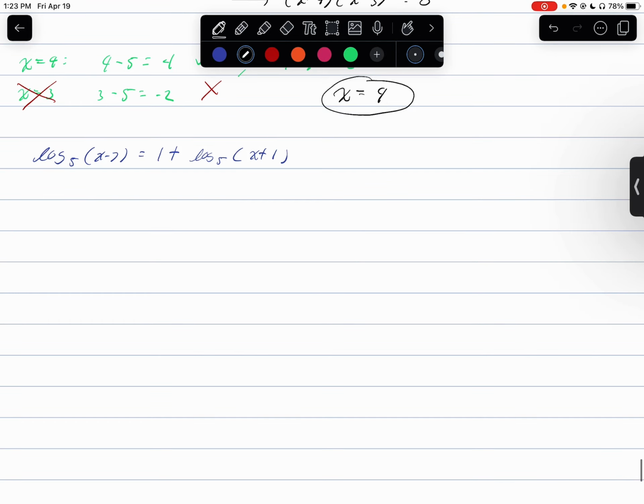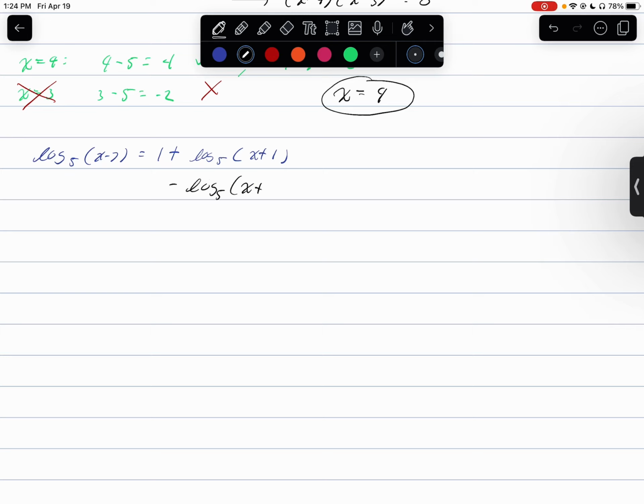Okay, now let's try this next one. Here we have log base 5 of x minus 7 equals 1 plus log base 5 of x plus 1. Similar to last time, let's go ahead and take log base 5 of x plus 1 away from both sides.